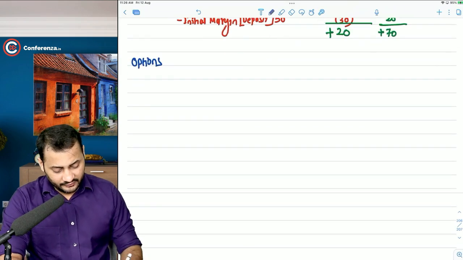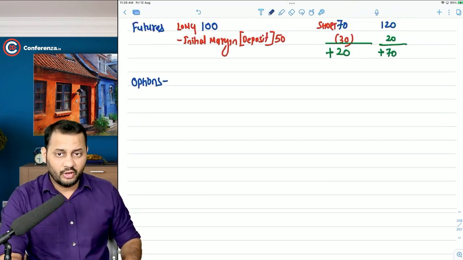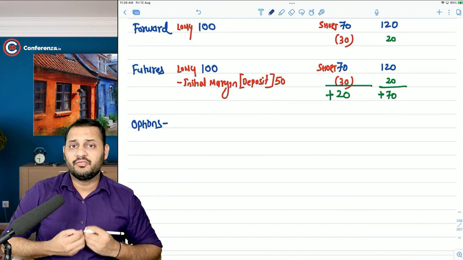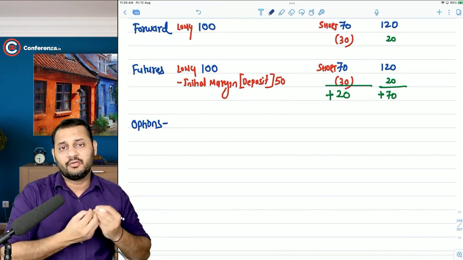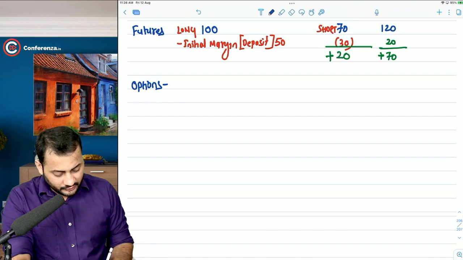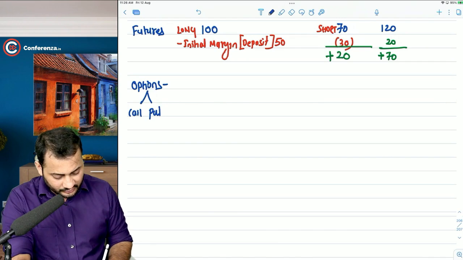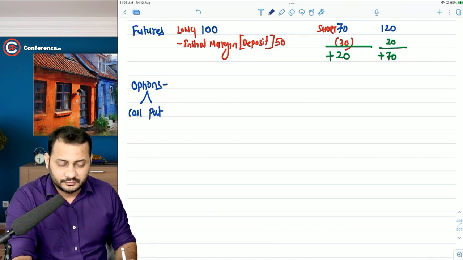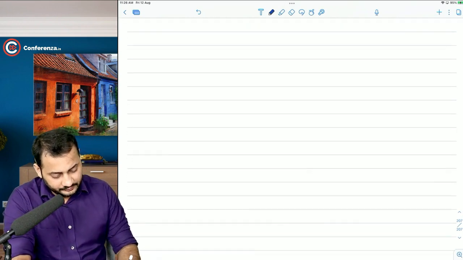In this case, if you go long on the options contract, you will have to first decide which type of option contract you want to go long on. So there are two types of options contract. One is called the call option and the other one is called the put option.